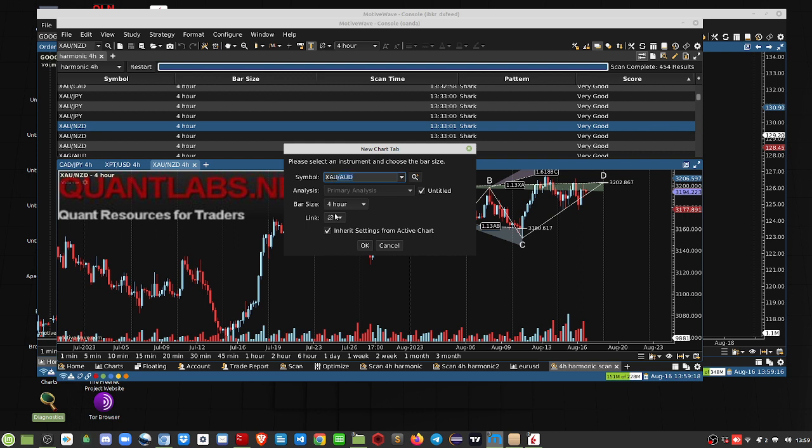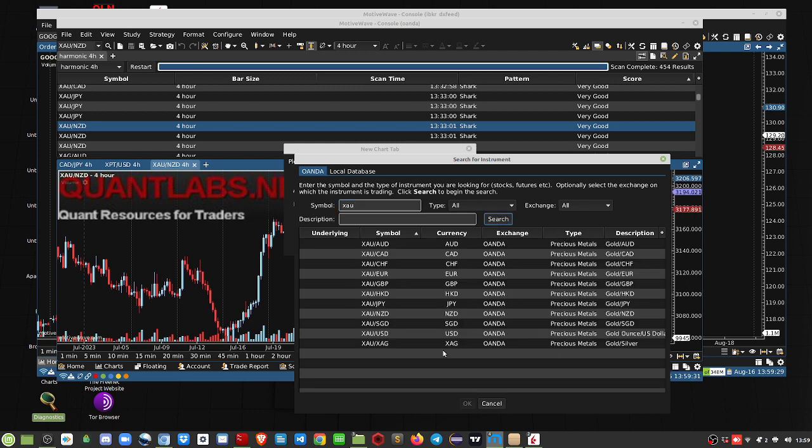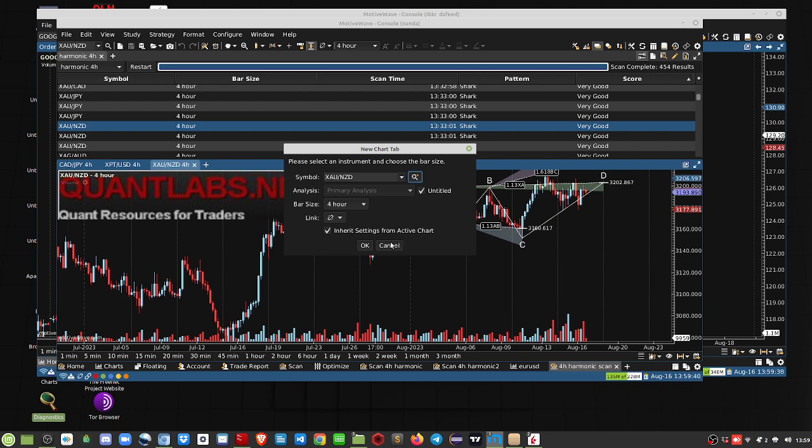XAU, and again in Turkish lira. Let's see if we can find that. Let's see if we have gold in Turkish lira. That's the best one to hold in. No, can't do it. Anyways, moving on.